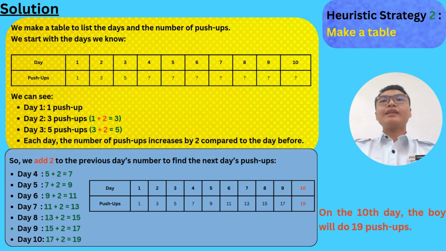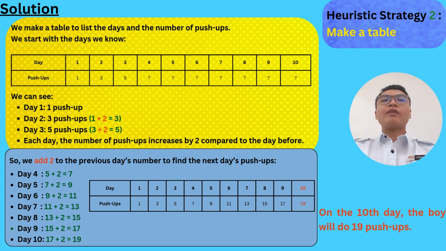Now we look at the second heuristic strategy that we use in this easy problem, which is make a table. We make a table to list the days and the number of push-ups. We start with the days we know. We can see day 1, 1 push-up, day 2, 3 push-ups, day 3, 5 push-ups.